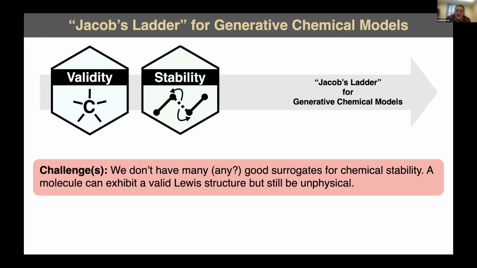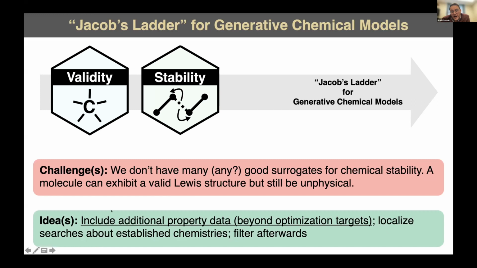But when it comes to generative models, we don't have any good surrogates to put into the objective function. So you can have things that are syntactically valid that just still aren't stable at the end of the day. One idea, which I'm going to share with you all, is that additional property data, even beyond the things you're trying to optimize, might be a backdoor to chemical stability or chemical realism.